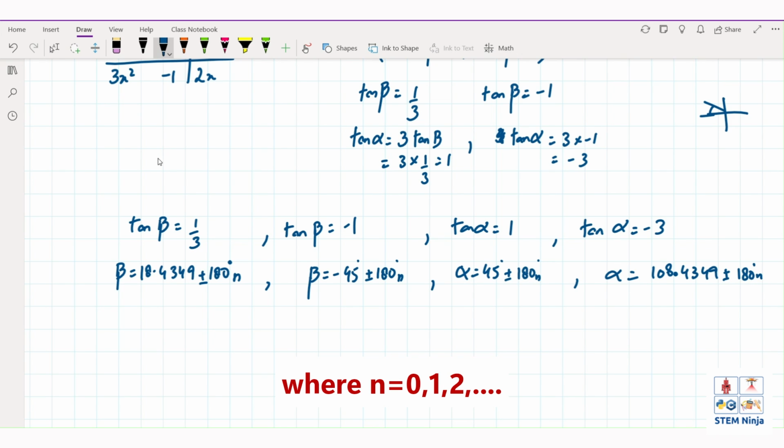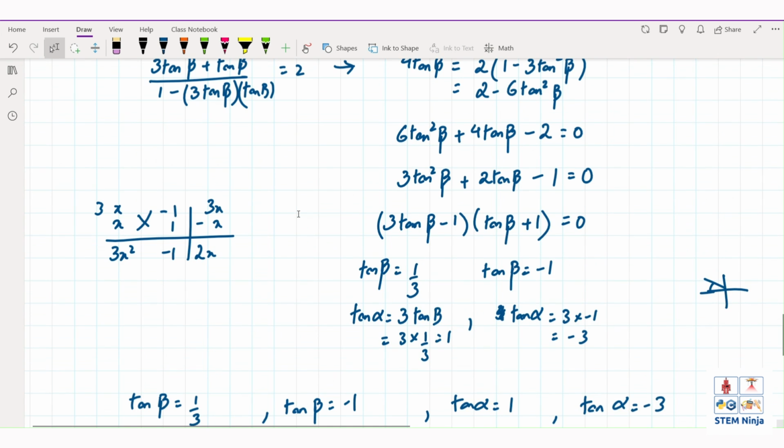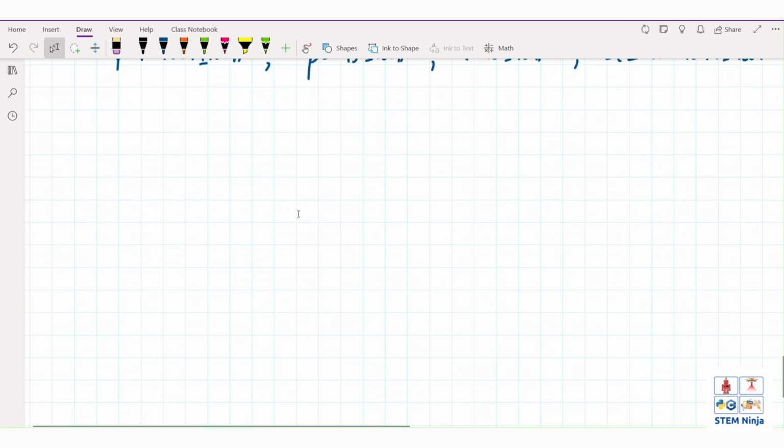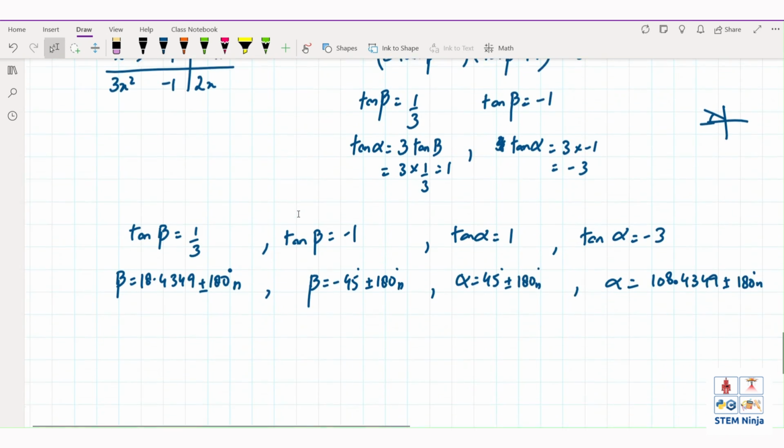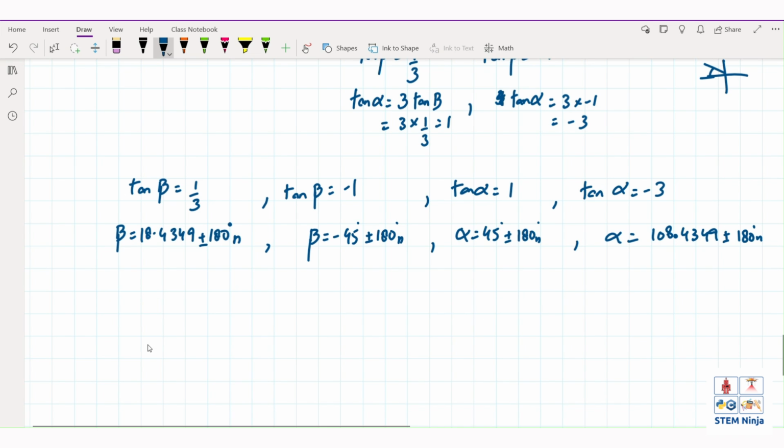Now, we need to see which of the values are in our region. Sorry, the question was that we need to go between 0 and 180 degrees. Let's look at the possible solutions now. So one answer, 18.4, is fine for us.